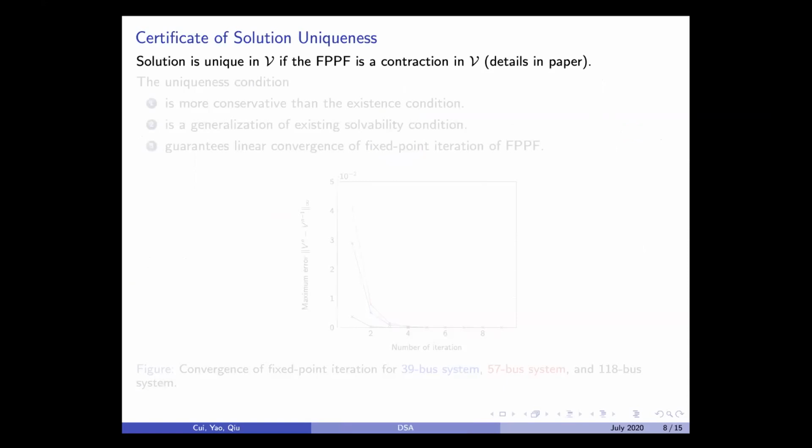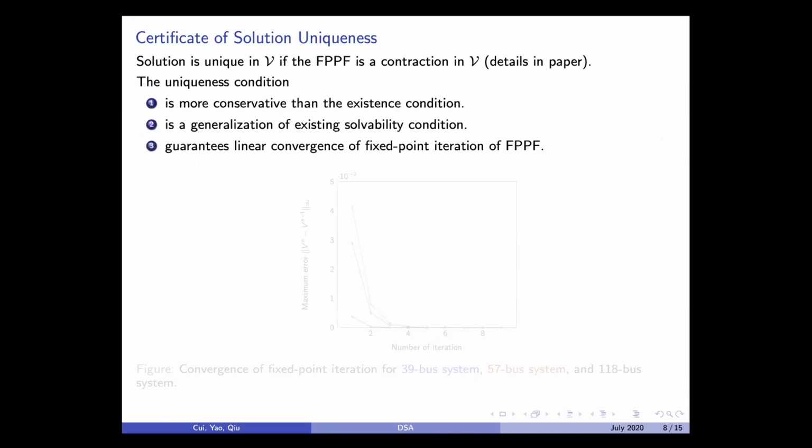We can further derive sufficient conditions on solution uniqueness by characterizing the condition under which the fixed point power flow is a contraction in the voltage set. For the interest of time, I'm not going into the detail of this. For details, please refer to our paper.